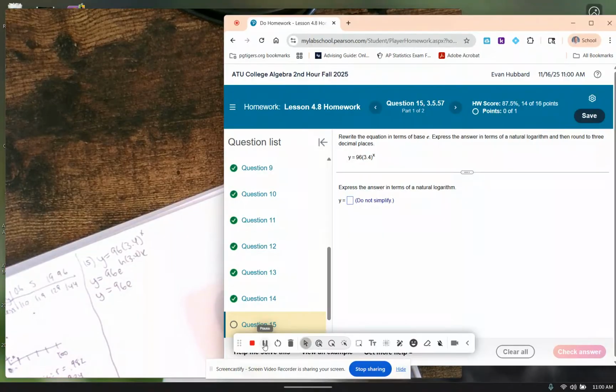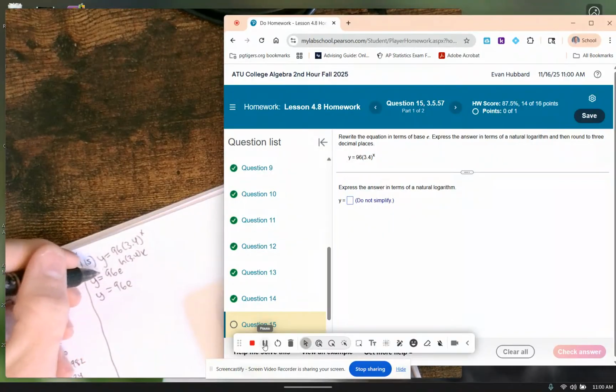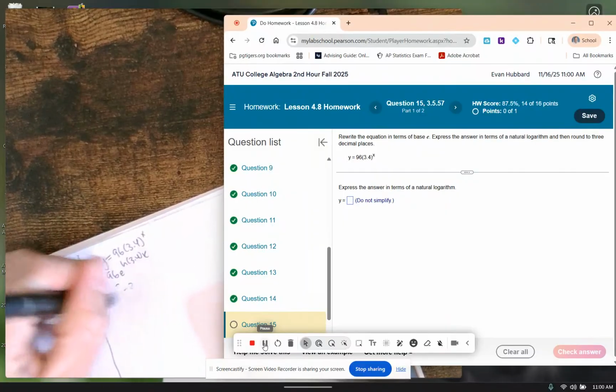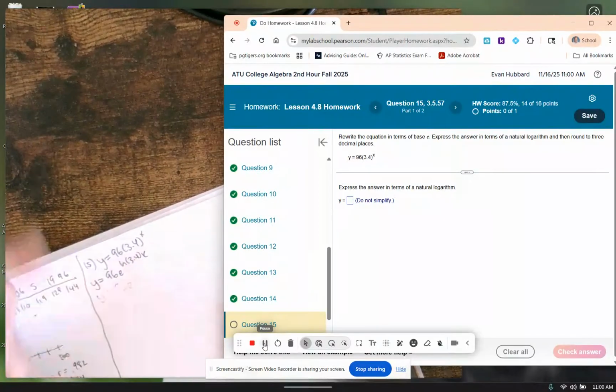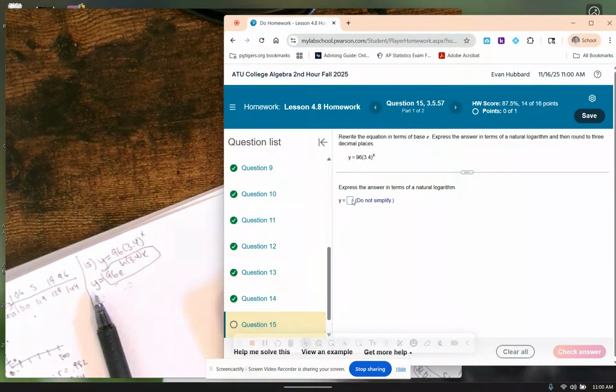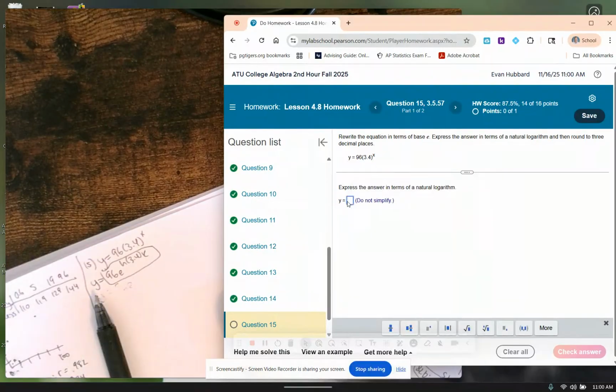Oh, natural logarithm. So we're going to leave this alone. Okay. How about I read the directions? I apologize. We're just going to leave this alone because we just want the natural logarithm in there. So 96 e, and then I did shift 6, ln of 3.4 x.